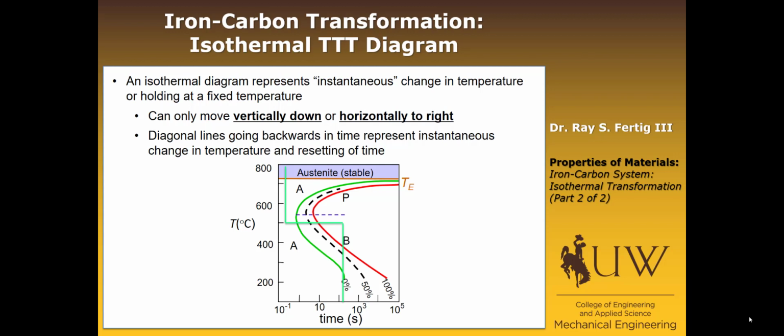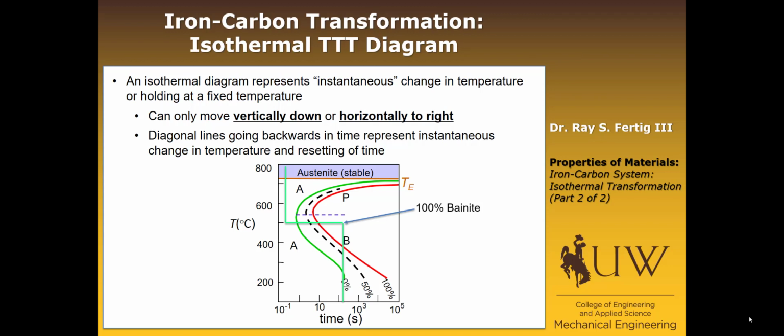Well, in this case, we have converted at the 500 degree temperature all of the austenite into 100% bainite. So remember too that this diagram is primarily showing you the transformation of austenite into either perlite, bainite, or martensite. On this graph, I'm not showing you martensite, but obviously it's there.